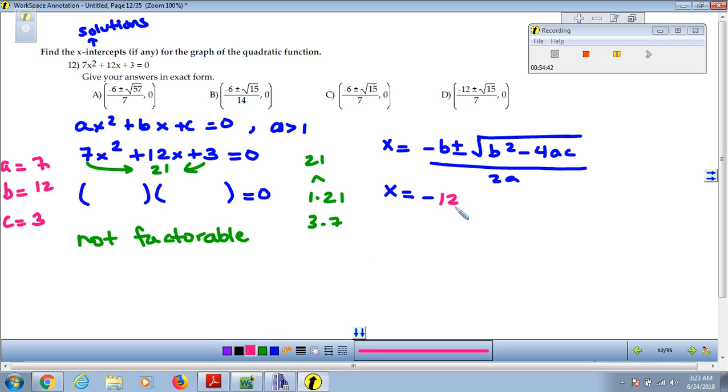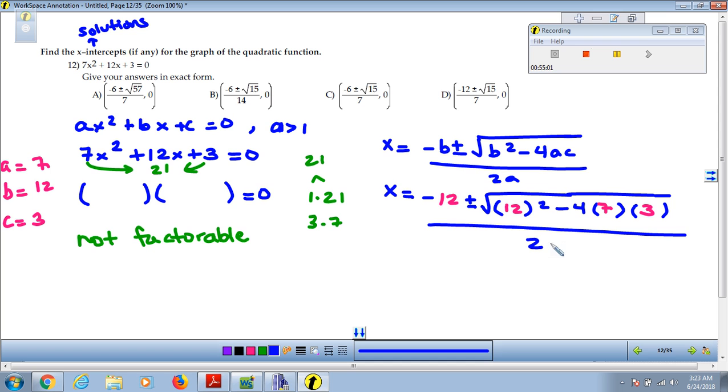So negative 12 plus or minus b squared, which is 12 squared, minus 4 times a times c. So times 7 times 3, over 2 times 7.